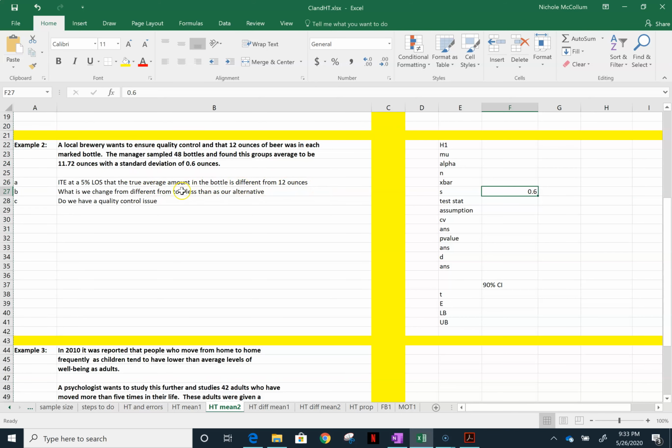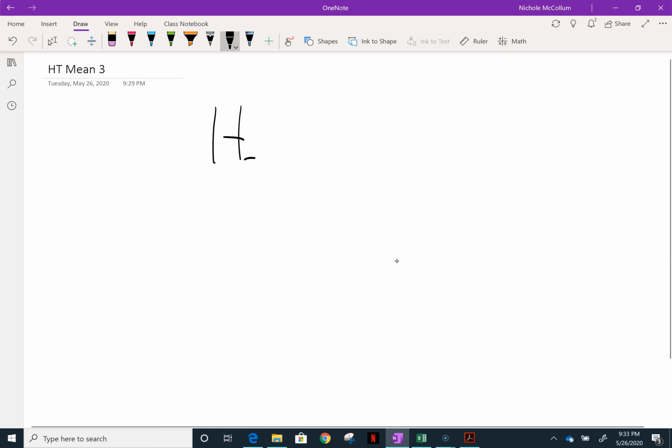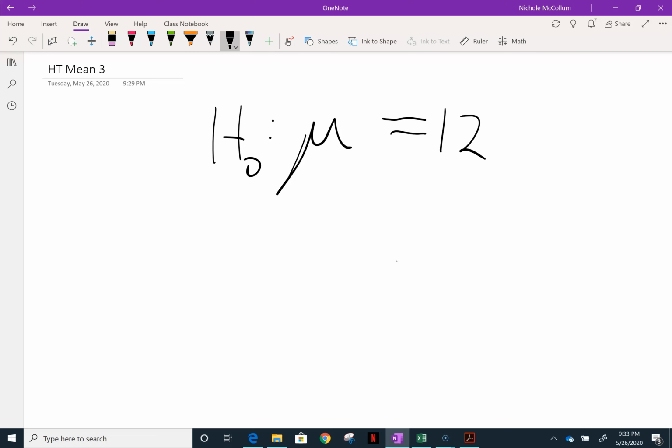The true average amount, better known as mu, the population average, is different from, not equal to, 12. And in fact, that's what I'm going to write here. In my step 1, my H naught: mu, the true amount of beer in the bottle, is equal to 12. And the alternative, because that's what comes from the question, is mu not equal to 12.